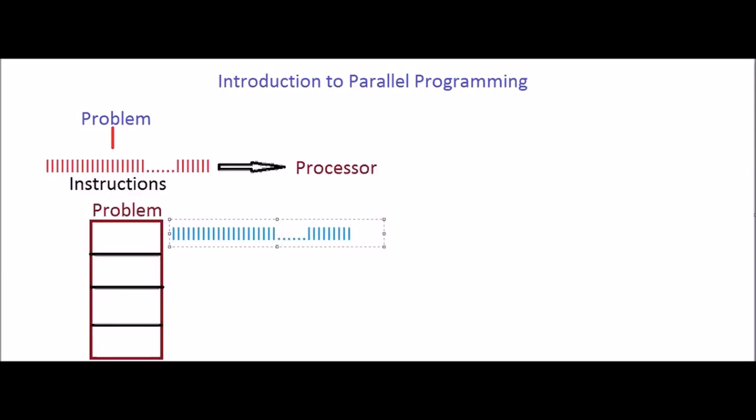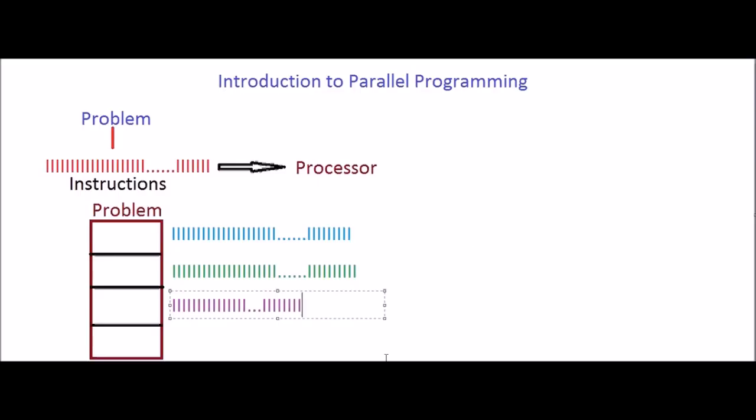Similarly, if we go further, this is another part of the problem, and we have another set of instructions, which can be more or less, this is possible. So these are different sets of instructions for different parts of the problem.